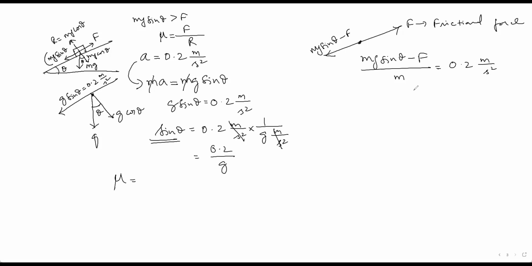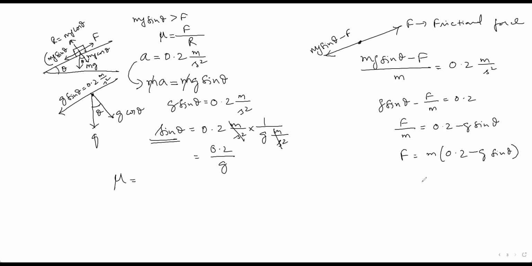Now we can write this as g sine theta minus F by m equal to 0.2, so F by m is equal to 0.2 minus g sine theta, and F is equal to m times (0.2 minus g sine theta). You're okay with this? Yes.